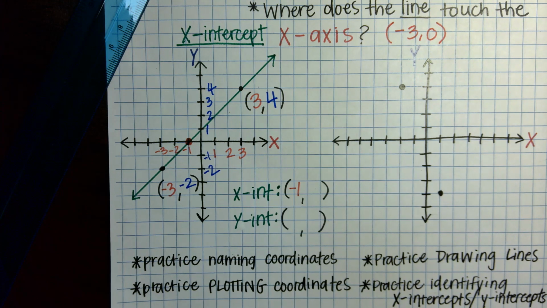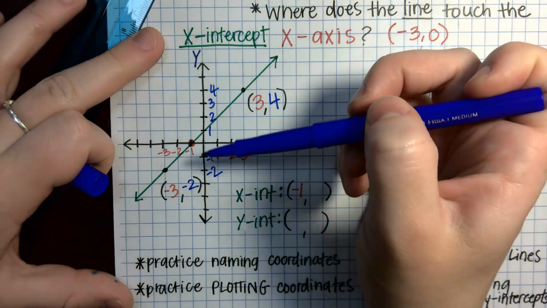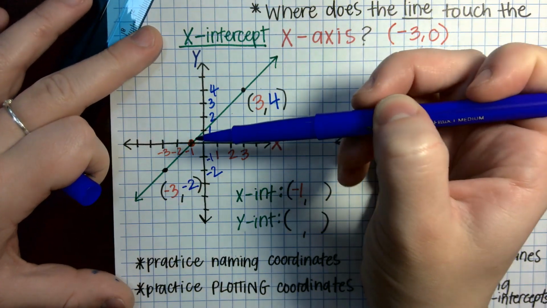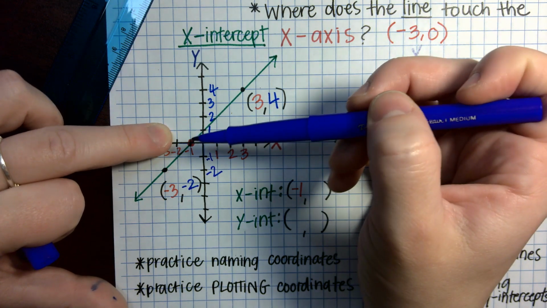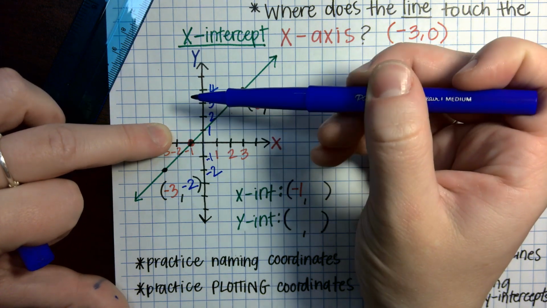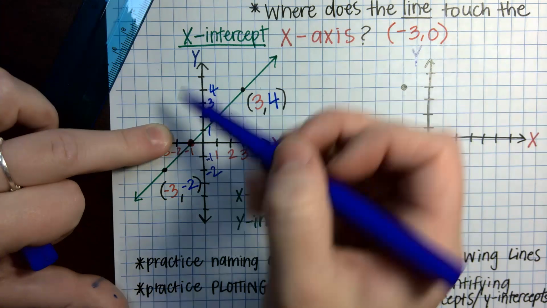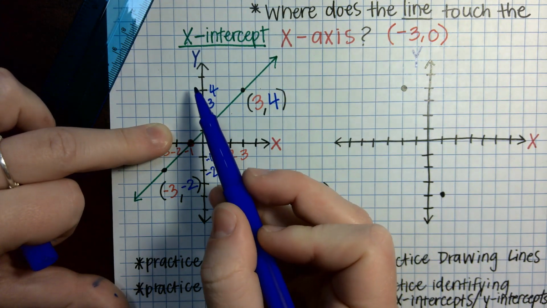Okay, so we found the x value of our x-intercept. Let's keep working with the x-intercept. Now that we have our point, we know that the x value is -1. What's our y value for this point? How far up or down does it go? This point goes up +4?